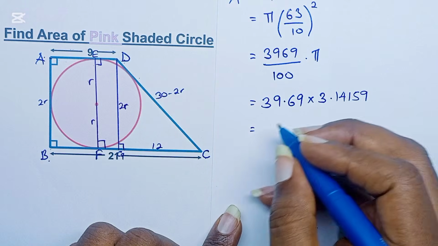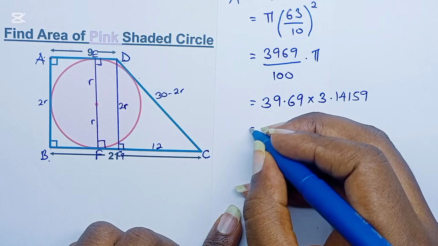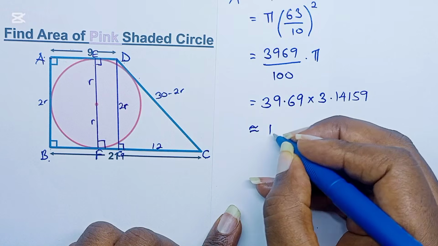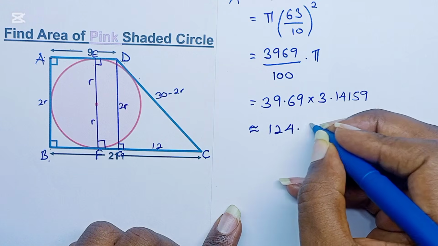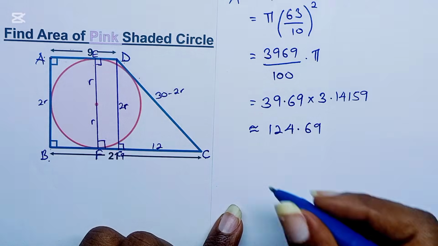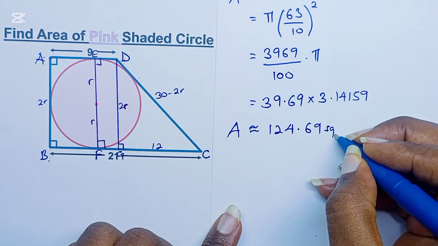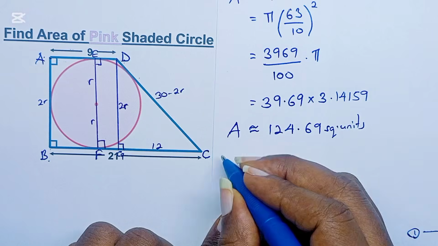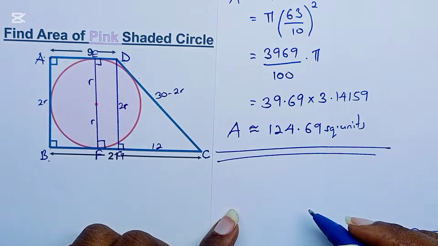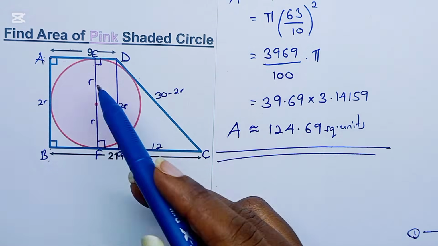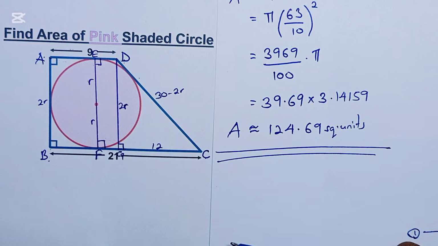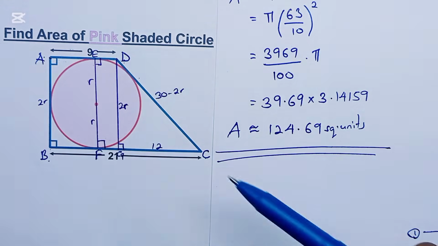When you multiply these two, you get an approximate value of 124.69. And since this is the area of the circle, it's in square units. So this is how you find the area of this circle that is inscribed inside the quadrilateral ABCD.